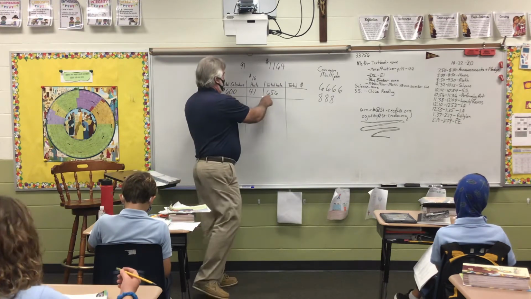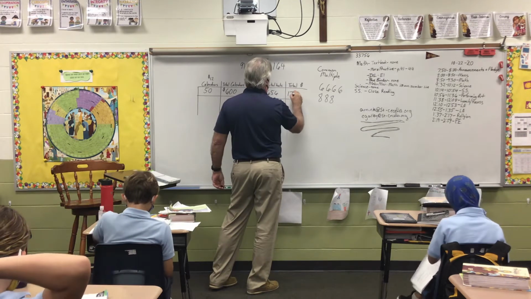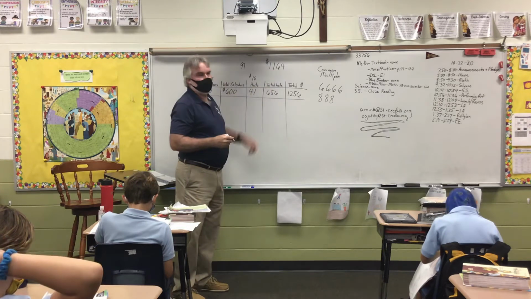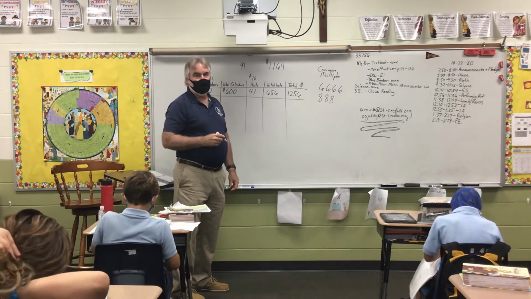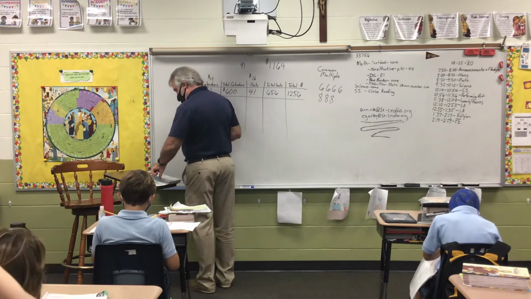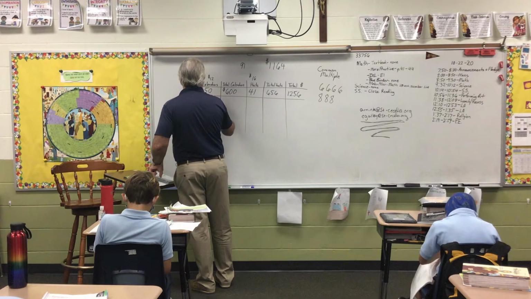If I add these two numbers together, I get 1256, which is over. So I have to bring it down. The way they have it, they move to 80 here.